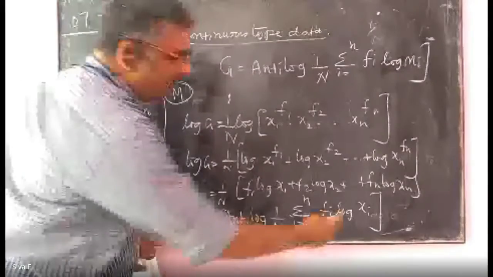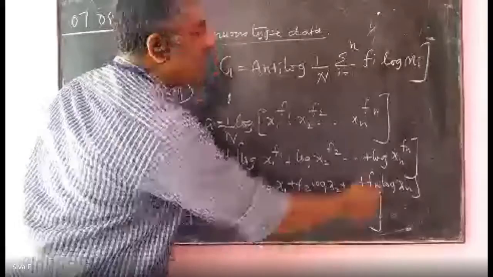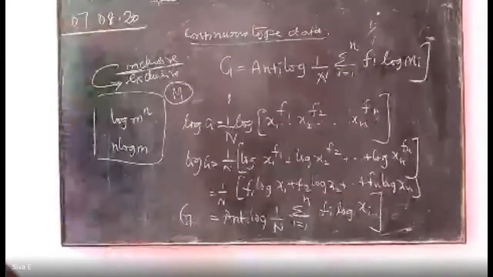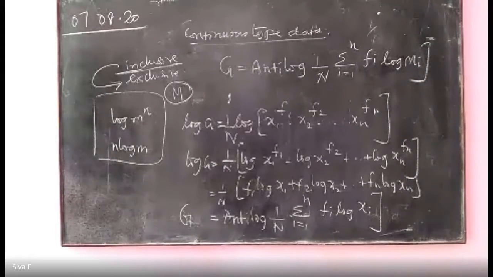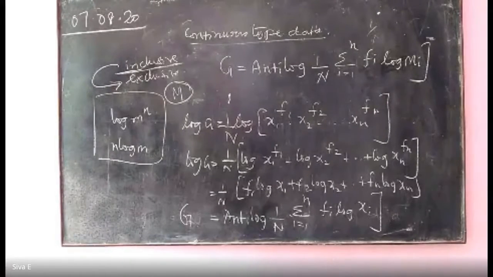The other things are the same. See, instead of xi, we have to write mi here. So what is mi here? Mid value of the interval. Mid value, not median. Mid value of the interval. Okay, so once you find this, then we can go for the problem.